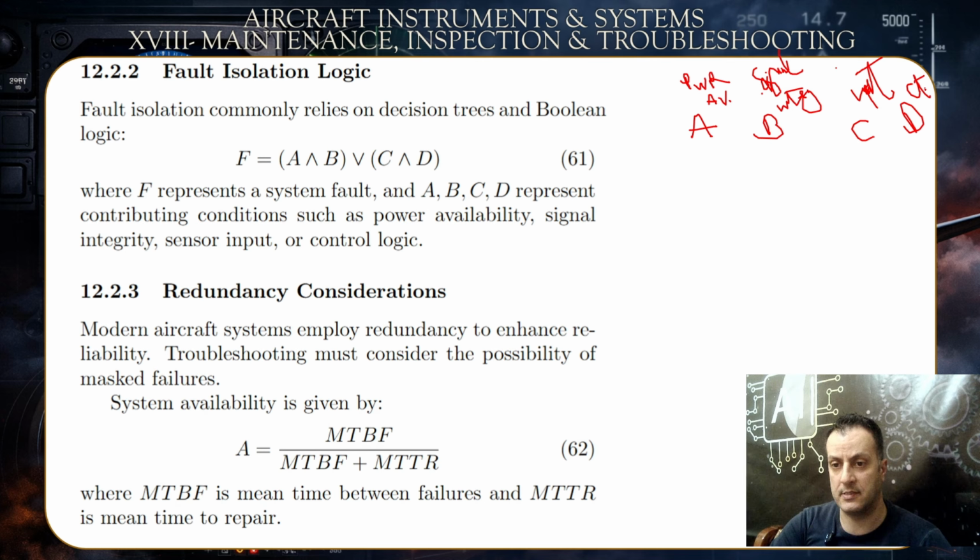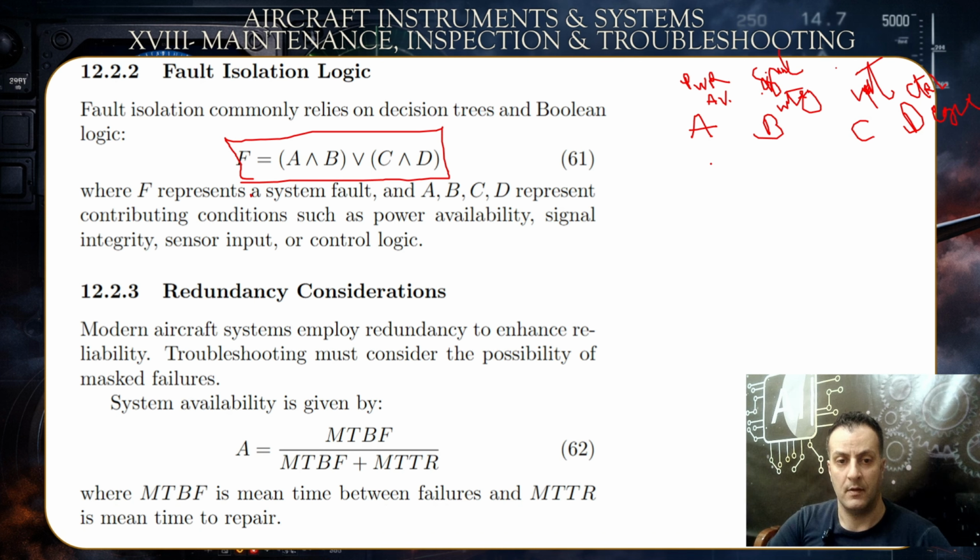Now, according to this formula, for F to be validated as a true system failure, either A and B should be true, or C and D should be true.